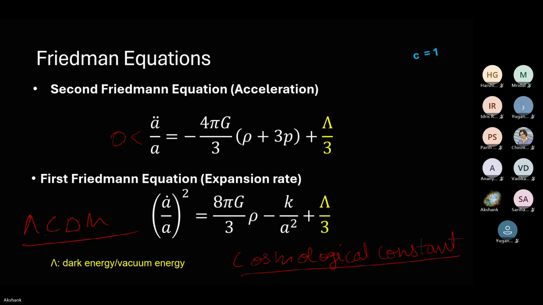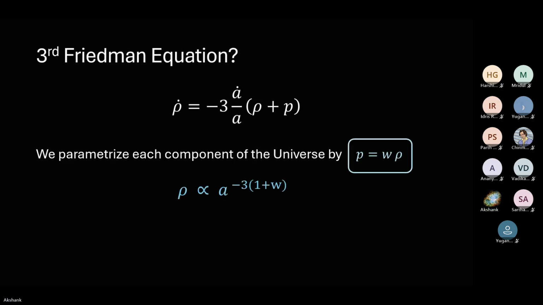Next, you have the third Friedman equation, which relates the density of any constituent with the scale factor. It requires the density of that constituent and the pressure. Pressure and density can be related. This is called the equation of state.